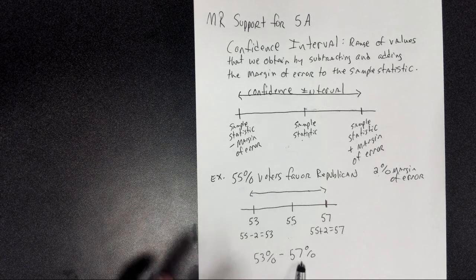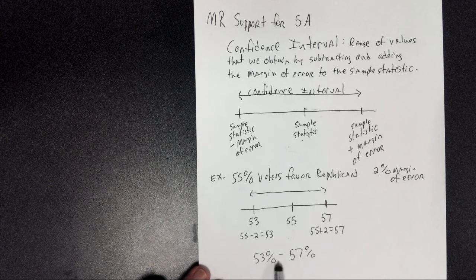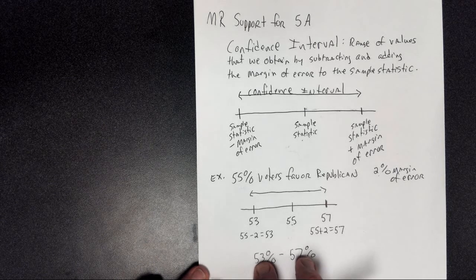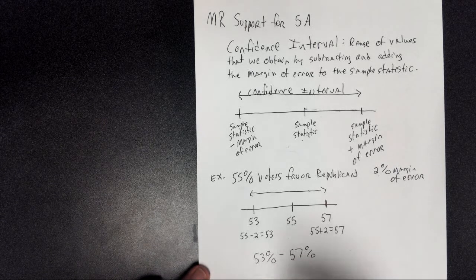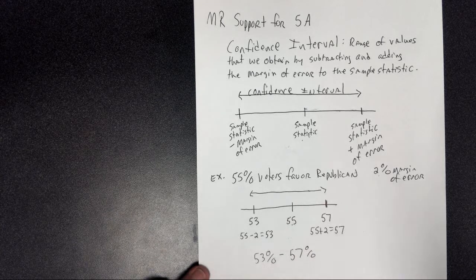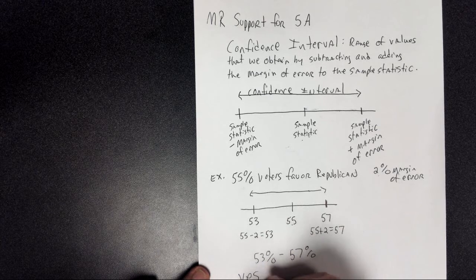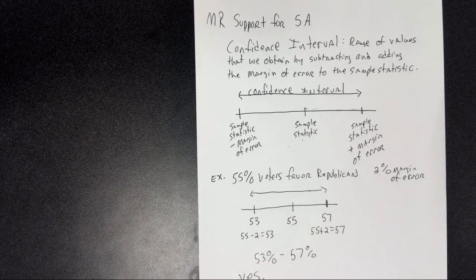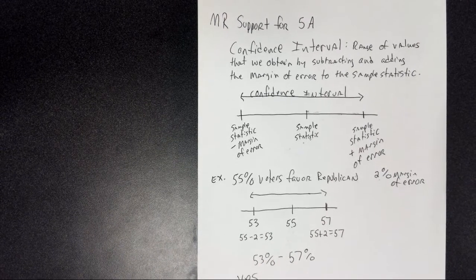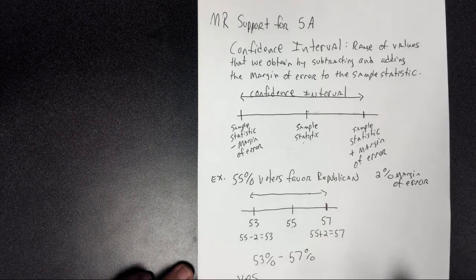Since 53 to 57, both of my confidence interval values are higher than the 50% it takes to win the election, I would say yes, definitely I'm going to expect them to win, okay? So that's what they wanted you to do on number 1 on here. Get the confidence interval and see if it favors that Republican winning, okay? Alright, so let's go to number 2 that they were doing on the homework.